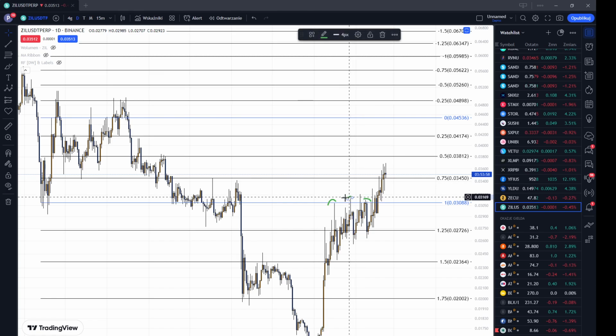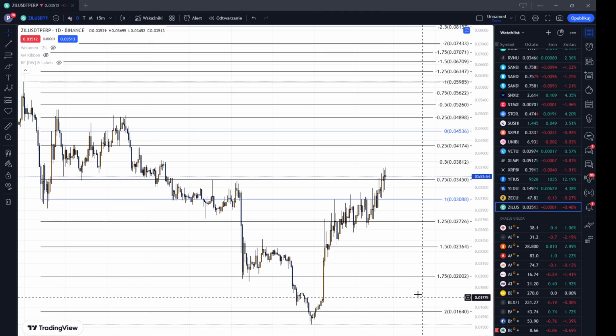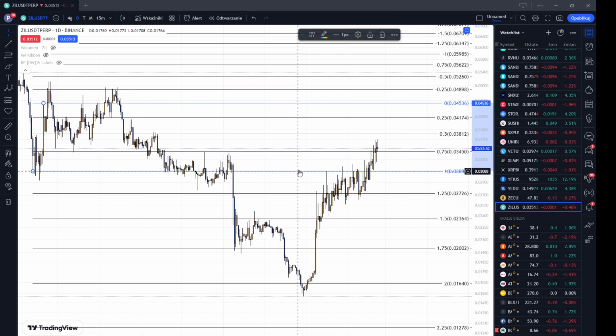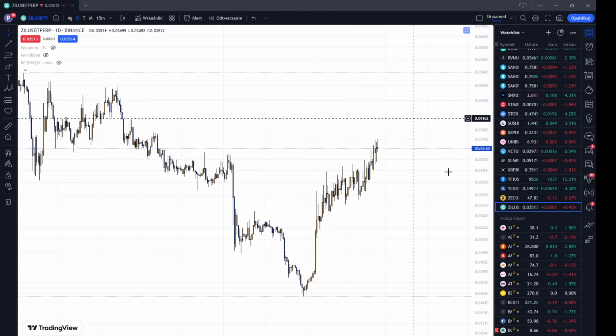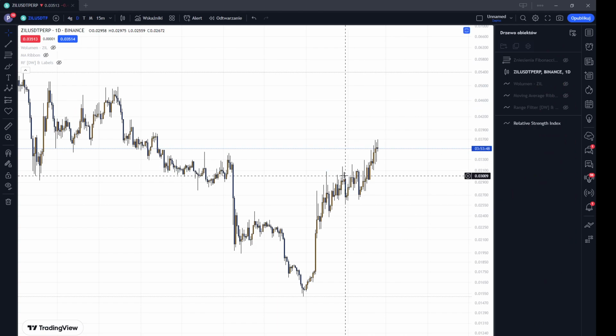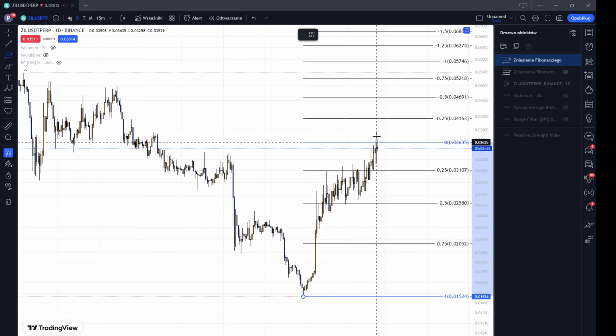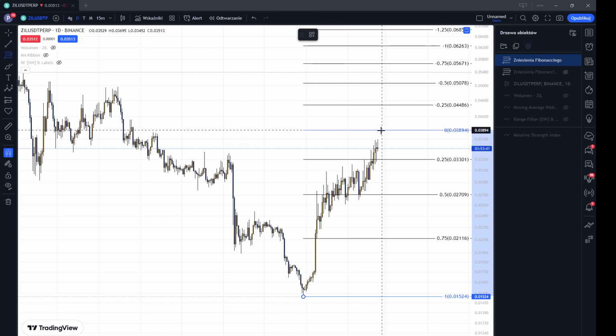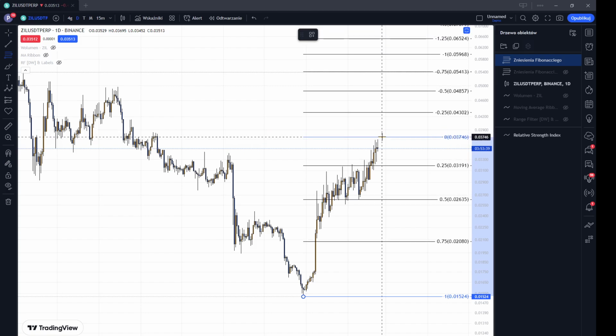And let's see where this rejection could take us. So if we hide this, I would take this here again, and let's say this is half of the range roughly.